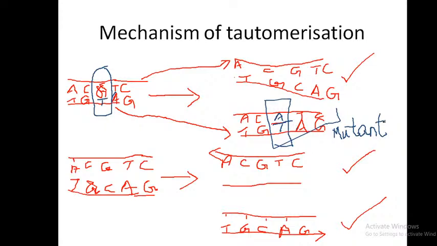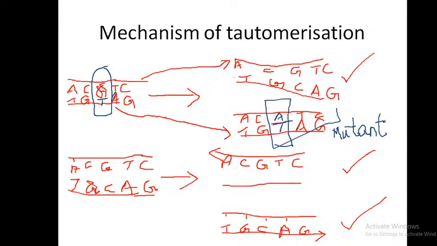And this progeny, as a result of DNA replication, is a copy error. This is what is known as a copy error, because when the daughter strands are formed from the parental strand, replication is semi-conservative.